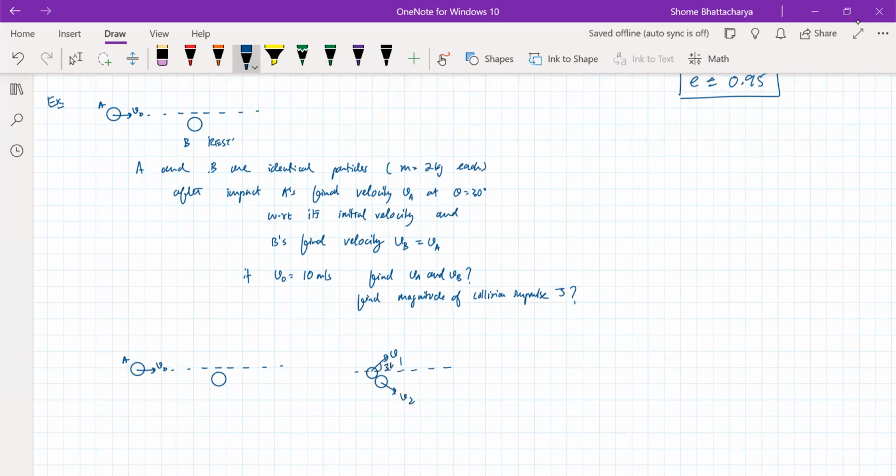this angle is given to me as 30 degrees. If I take this angle as theta, momentum conservation gives me that mv naught is equal to mv1 cos 30 degrees plus mv2 cos theta, and 0 is equal to mv1 sin 30 degrees minus mv2 sin theta, and v1 is equal to v2.